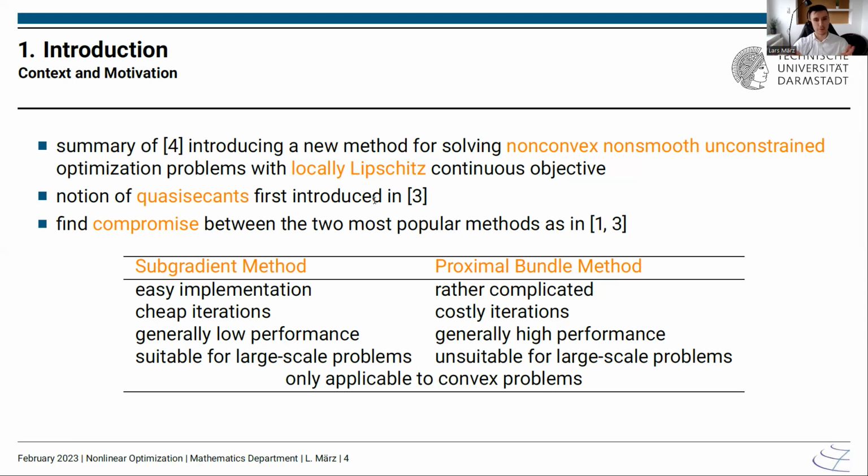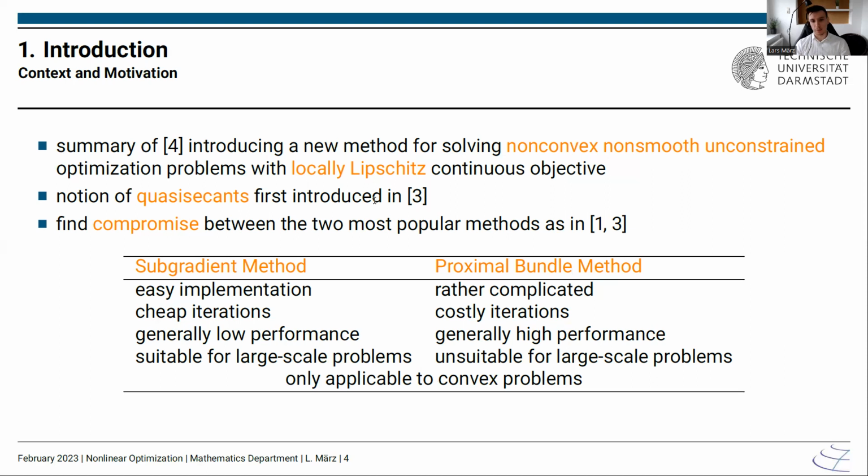Namely, you might get oscillation or very short steps, such that you don't get the convergence properties you might want. However, it's suitable for large-scale problems. It's very common for deep neural networks.